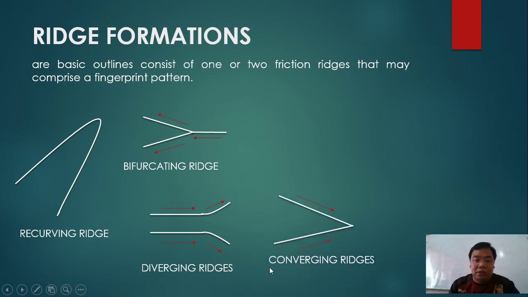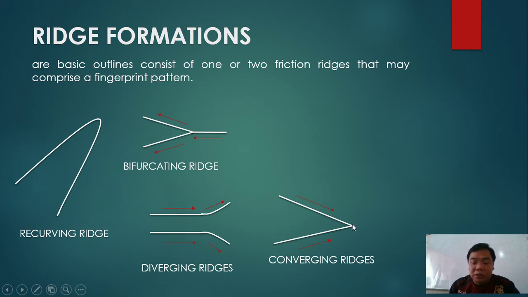Next, we have these converging ridges. Take note, converging ridges comprise two friction ridges that run and meet. That is why the term used is converging. There is a confluence. The two ridges converge.